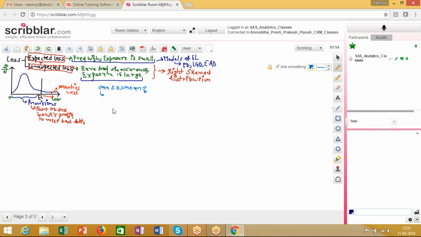Because if many observations of a data set are equal to zero, then the average value goes down. But when you subtract the mean value from zero and square it, that value actually increases, and hence the standard deviation tends to explode, whereas the mean goes down.